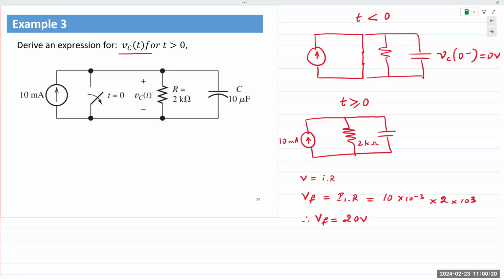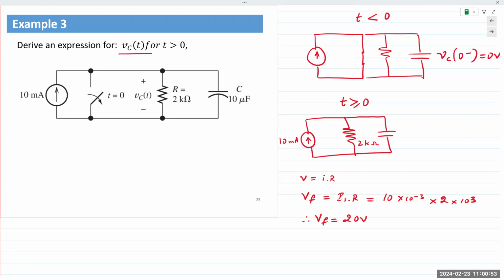I can also do a source transformation where I would take the current source and transform it into a voltage source, but effectively it's the exact same thing. Source transformation means I would still apply Ohm's law. That's the concept, right? V equals IR. So the final value of the voltage is the source current times the resistor through which the capacitor is charging. If there were multiple resistors in the circuit, you would find Req as seen by the capacitor.